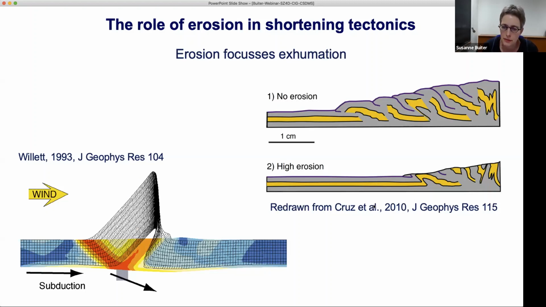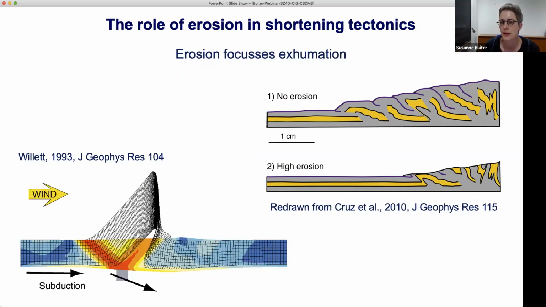In the analog model of Cruz, you see the no erosion example on the top, the one with erosion below, and it shows how erosion can focus deformation and cause large offset on the thrusts in the system. And you can think of that as a critical wedge. Right?